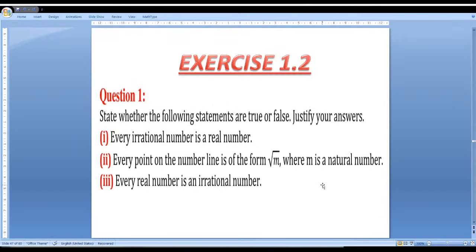Second one, every point on the number line is of the form root m, where m is a natural number.